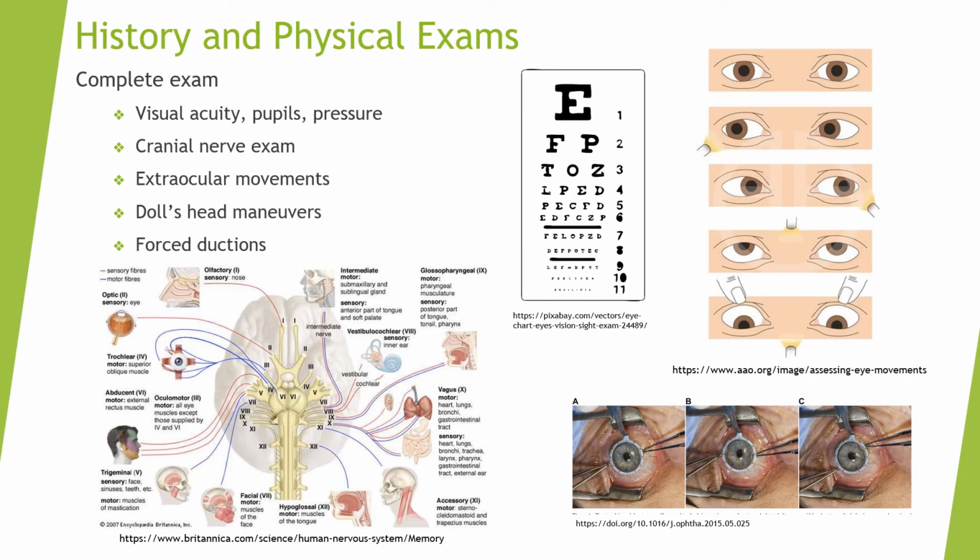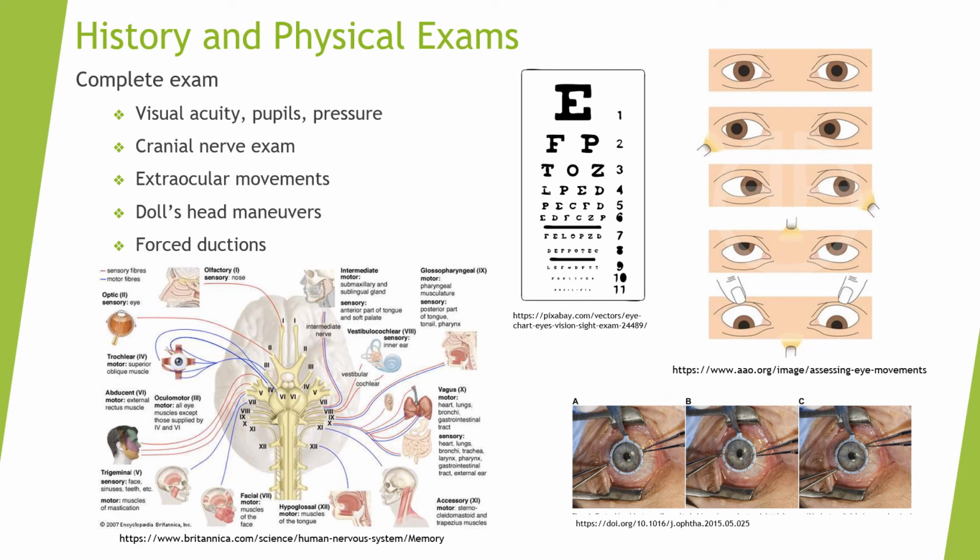Physical exams in terms of the eyes include checking for visual acuity, pupils, and pressure, and performing a cranial nerve exam, especially of cranial nerves 2, 3, 4, and 6. And this is done by checking extraocular movements for 3, 4, and 6.